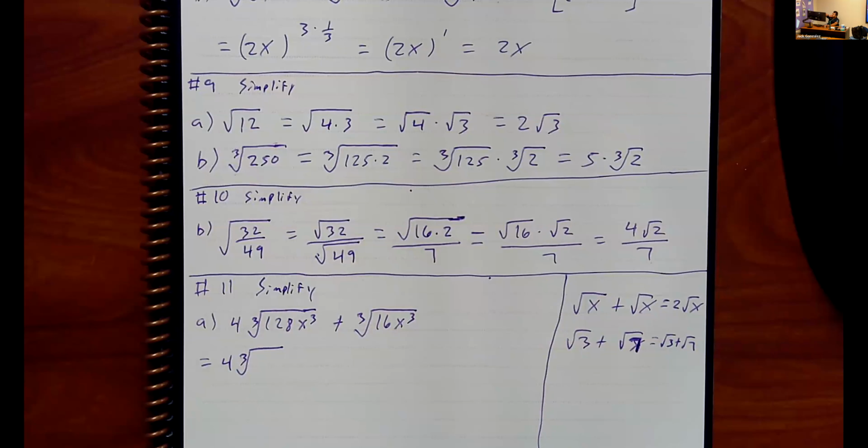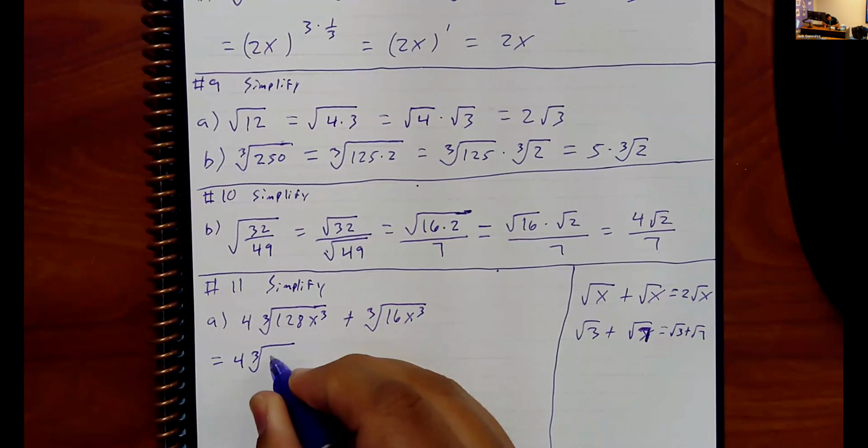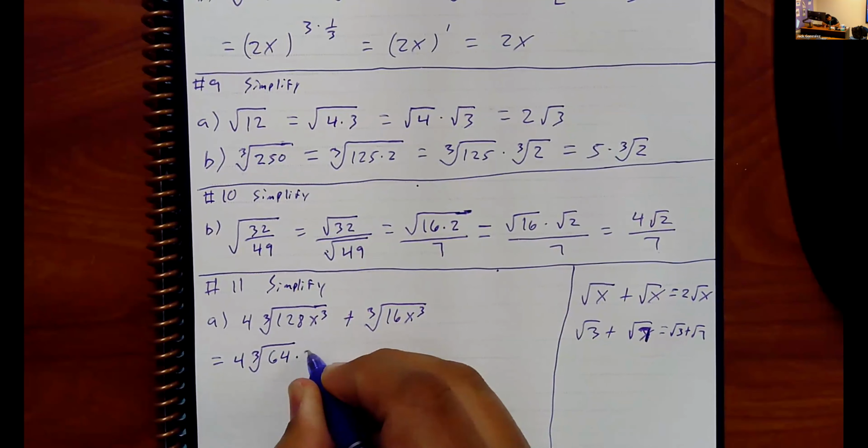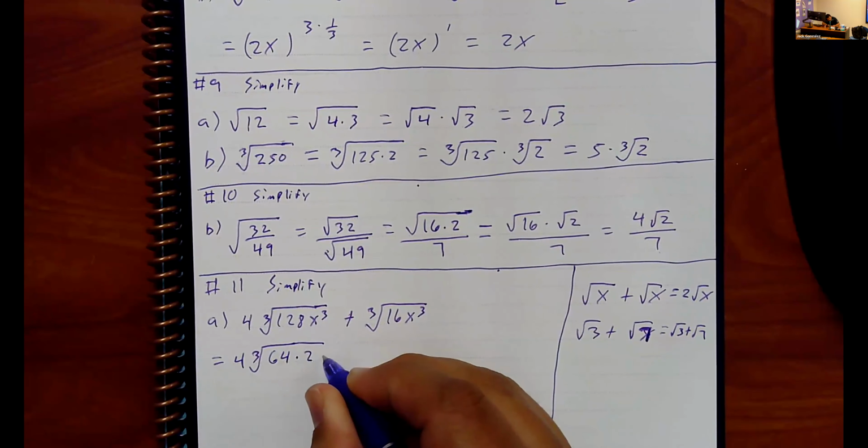It looks like, yeah, 64. 64 works, that's right. Okay, so this is technically 64 times 2 times x cubed.